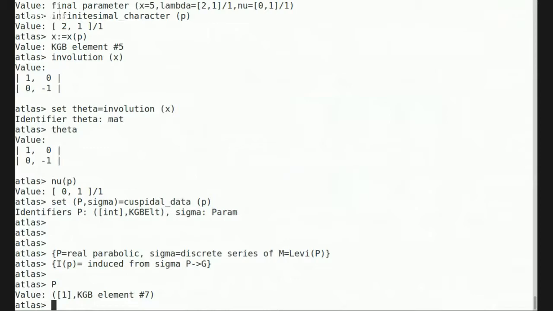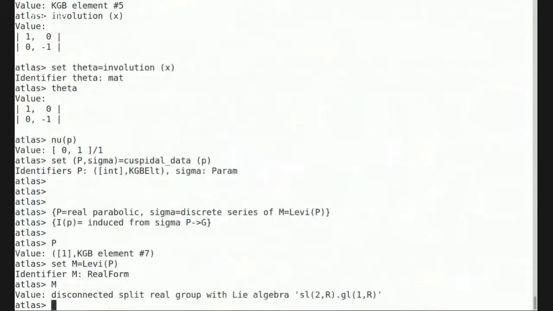And anyway, I'm not going to go too far down that rabbit hole, except let's set M to be the Levi factor of P. And here's where you learn something. M is the disconnected split real group with Lie algebra SL2 times GL1. Okay, so what do you know about M? Well, it doesn't really pin down M for you, because either M could be SL2 cross GL1, or it could be GL2.